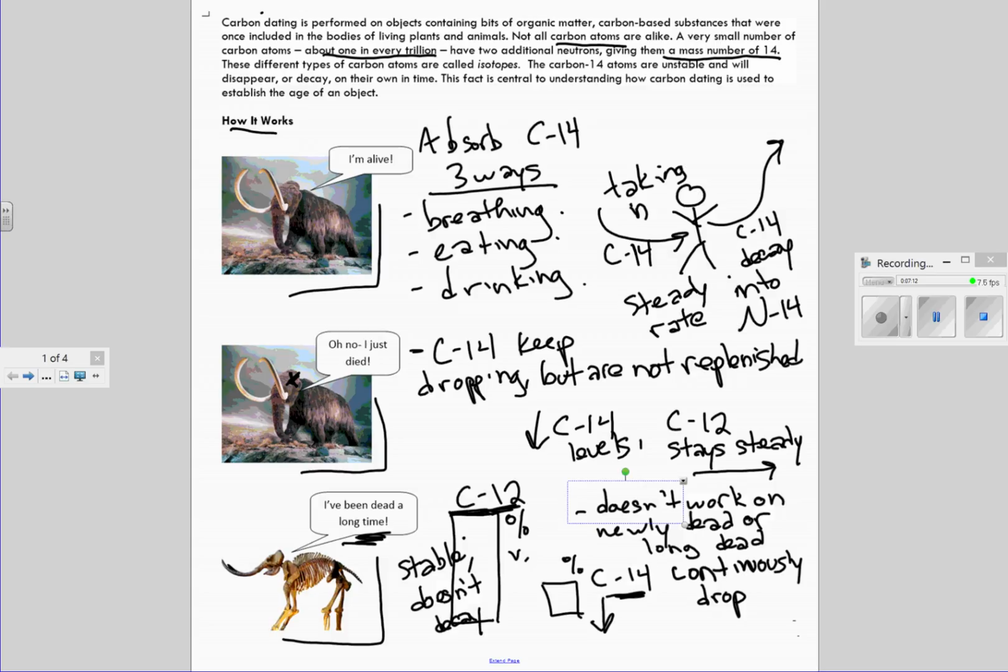But this will work for things that have been dead somewhere in the 50,000 to 5,000 years ago range. So if you're a CSI investigator, you're not going to date the death of a body from last week using this technique. It also doesn't work with things that have been dead a long time, like dinosaurs who have been dead for millions of years. Okay, so let's see this in action.